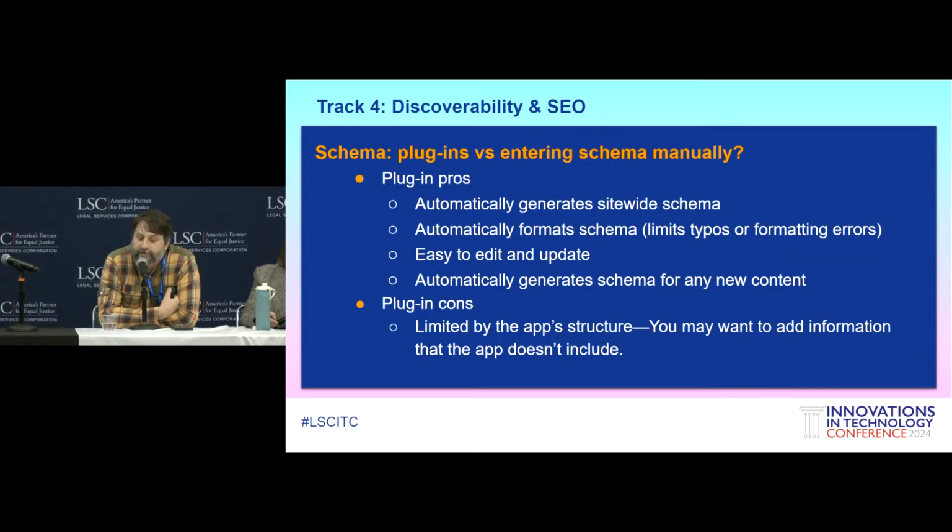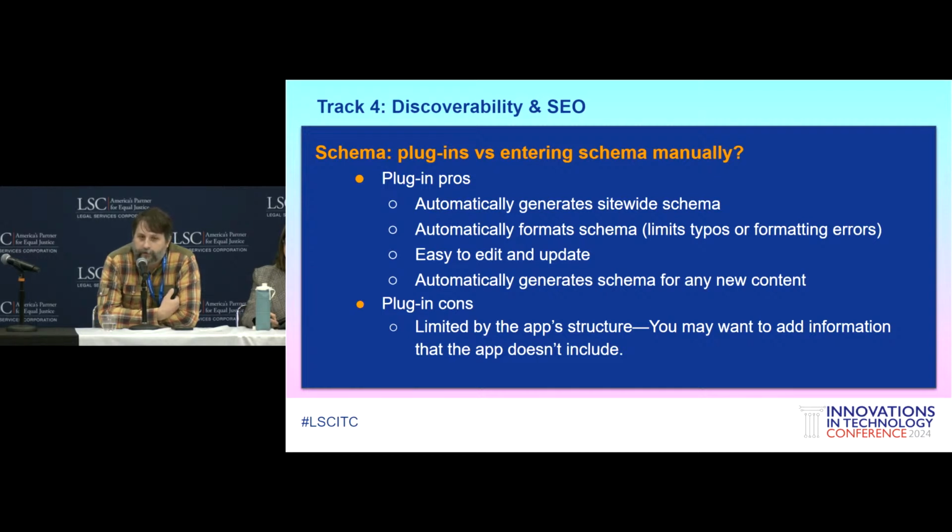So if you're going to implement schema, like we mentioned, there's the cut and paste method, or just typing it in directly, and there are these apps that make it a lot easier, but there are some pros and cons to each. We went with the app because it automatically generates site-wide schema. Every page on Texas Law Help pretty much has schema now, after just a couple days of getting the app to work.